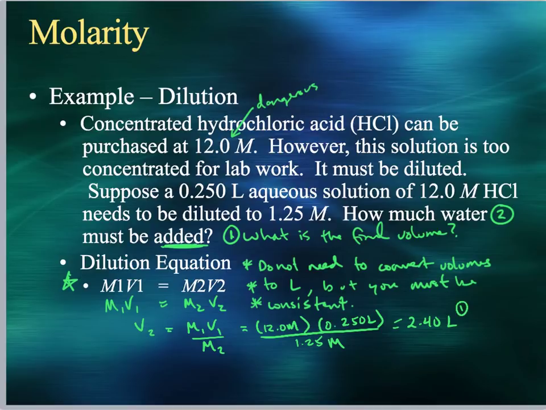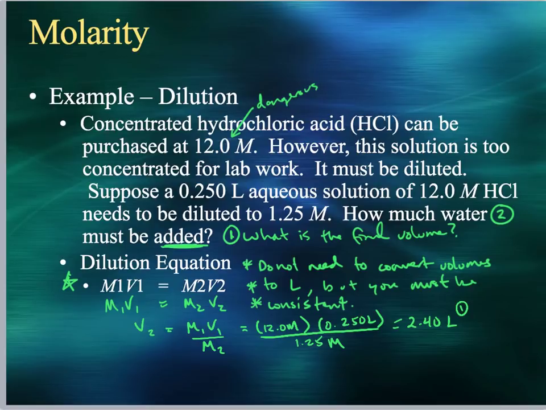But that's really not what's happening here. You're diluting V1 into V2. So if it asks how much water must be added, which is question 2 here, we have to actually subtract off whatever we started with.